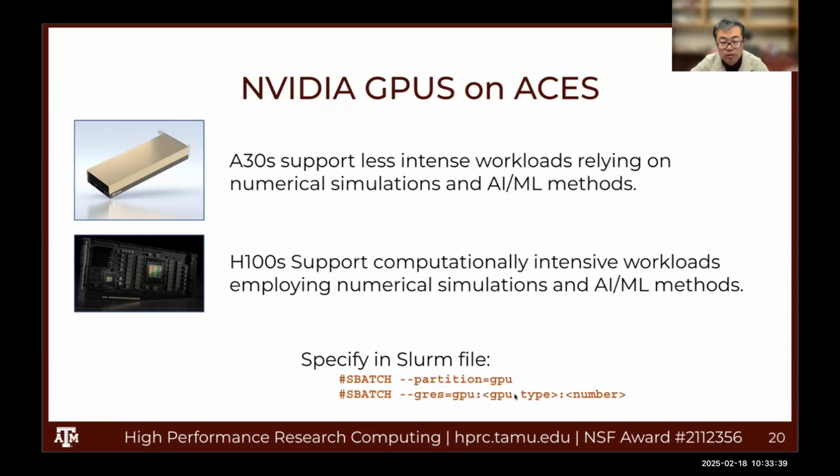For example, if you want to use the A30, you replace this GPU type with a30, and you can replace the number as well, for example 4 A30s. Or if you want to use H100 GPUs, you replace this with h100 and then put the number of H100 GPUs that you want to use.